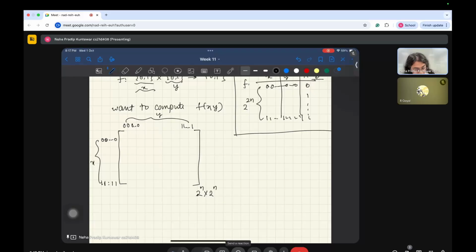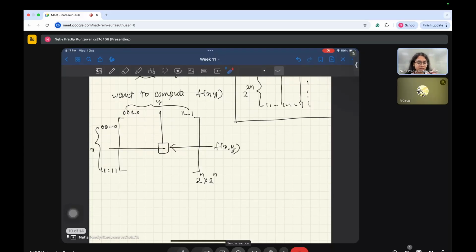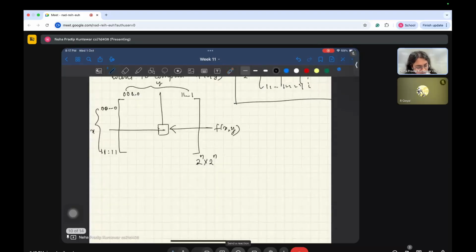And what are the entries? An entry here is going to be the value of f of x comma y. So instead of writing it linearly like this, we are just writing it as a table, as a matrix. This is what we call the communication matrix.